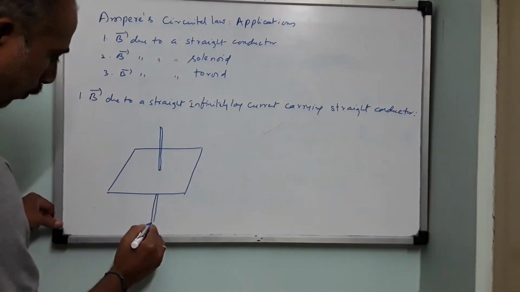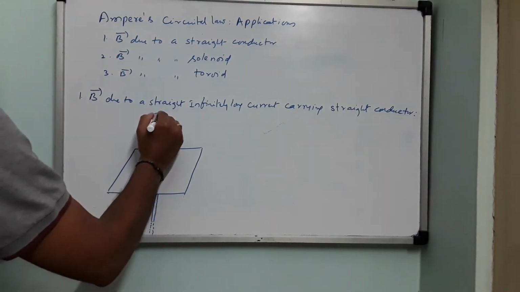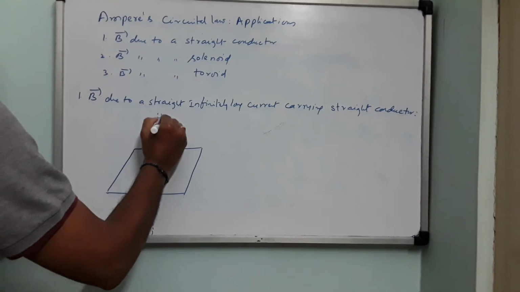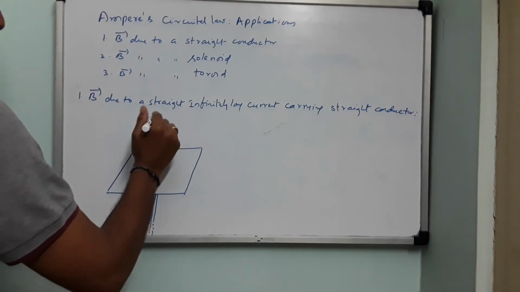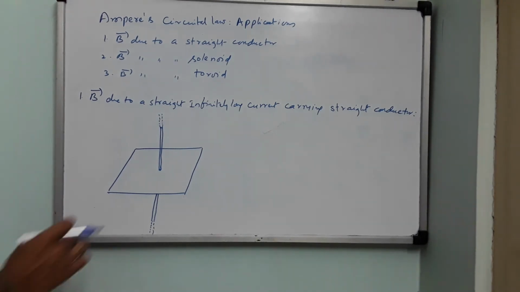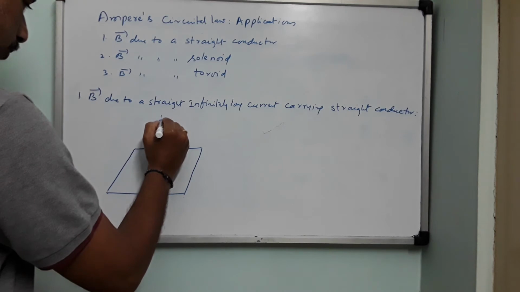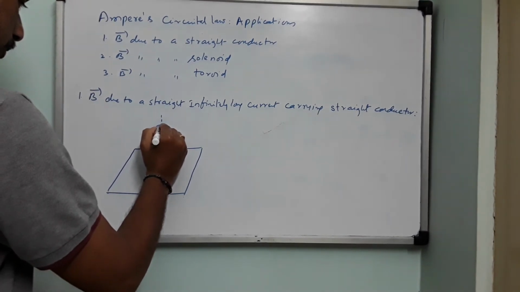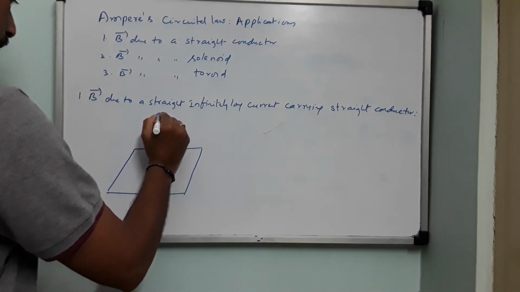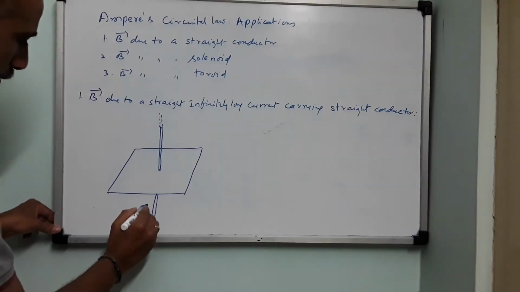So this will extend up to infinity, and here also this will extend up to infinity. Like this. Oh, it's very bad. Like this. Now let me pass a current I in this.